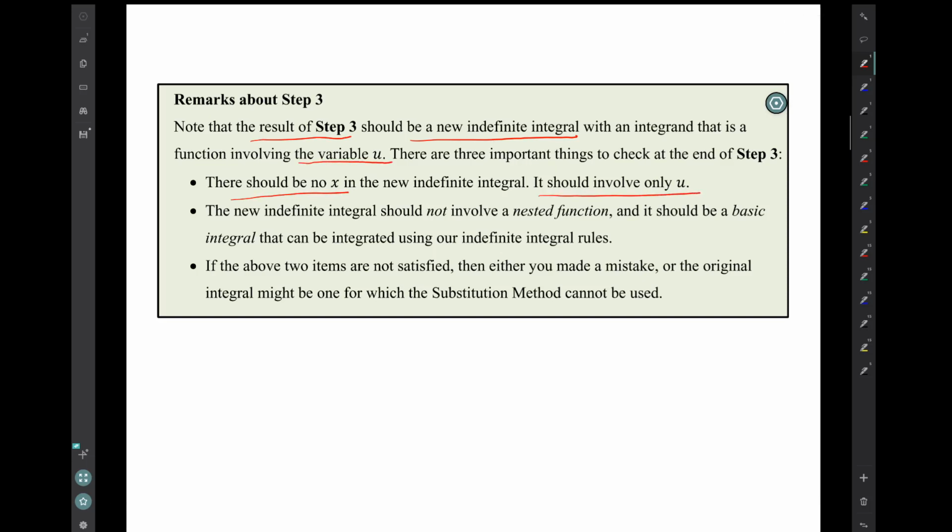And it should also not involve a nested function. Our result does not involve a nested function, but look what else it says. It says if those two items are not satisfied, then either we made a mistake or maybe the original integral might be one for which the substitution method cannot be used. We have an example like that. Let's go back and look at our result.